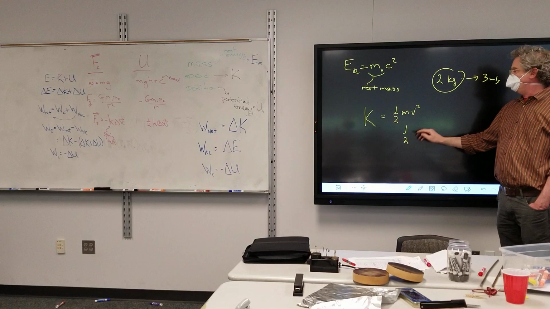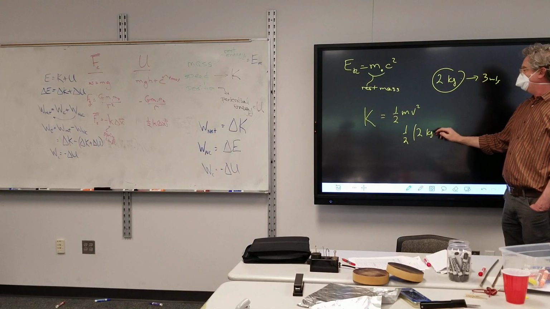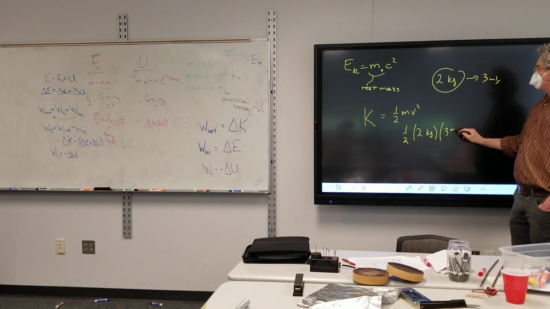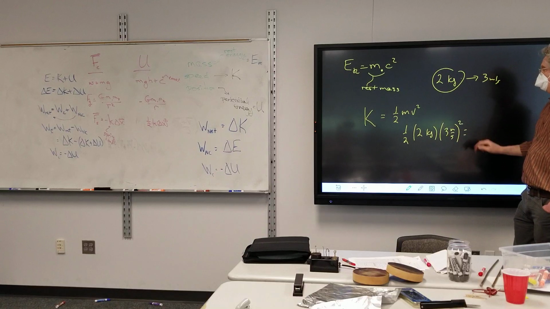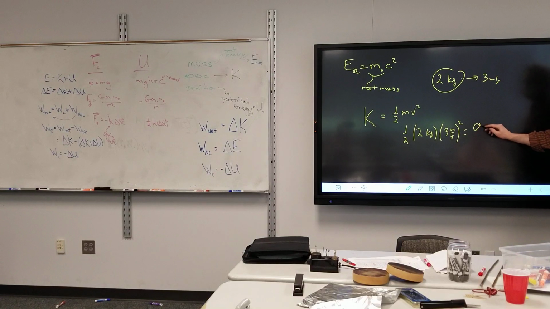I'll get 1/2 times 2 kilograms times 3 meters per second squared. And mathematically, I get 9 what? Kilograms meters per second squared. Be careful how you word that. If you generally say kilogram meters per second squared, that's a Newton. Is it kilogram meter squared per second squared? There we go.